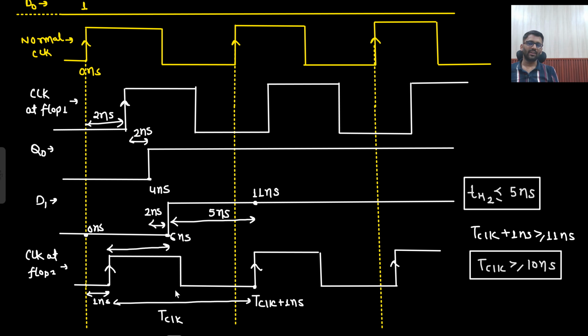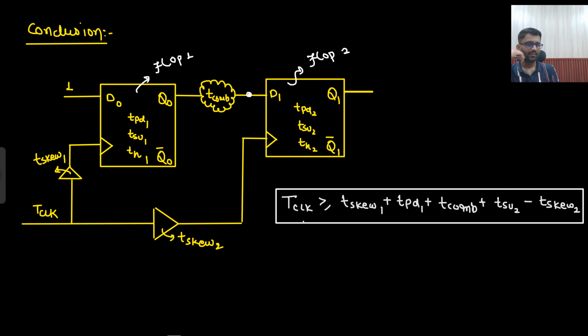Okay, the same thing we have done. All the delays, that is 6 nanosecond, plus the margin, that is 11, minus this 1 nanosecond. This is what we have done here, right?